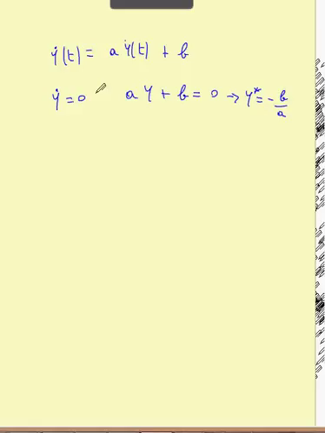Now we have to solve the differential equation. If you want, we can say now if A is positive, y star is globally unstable.